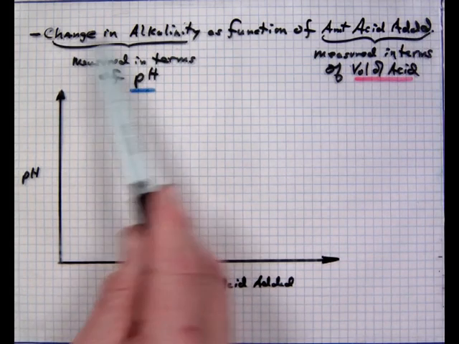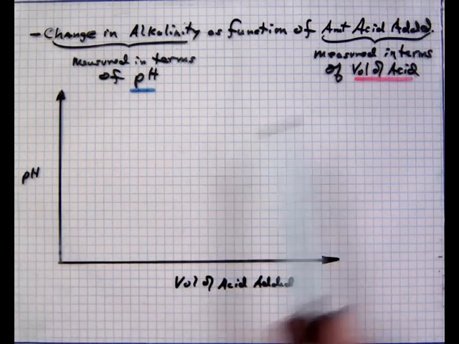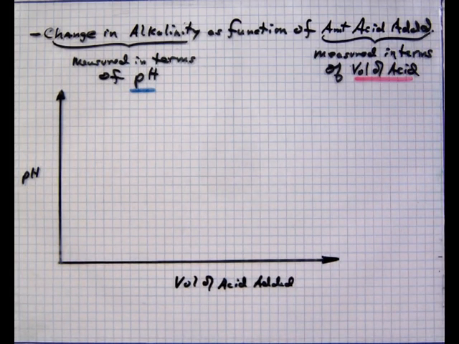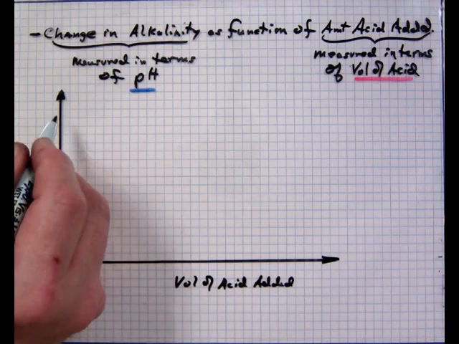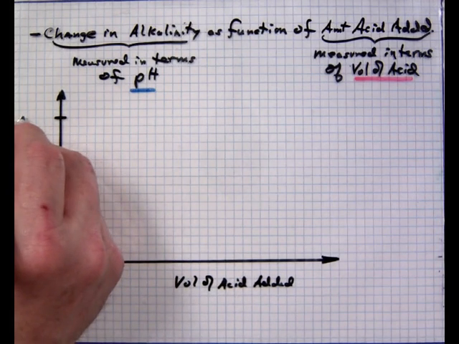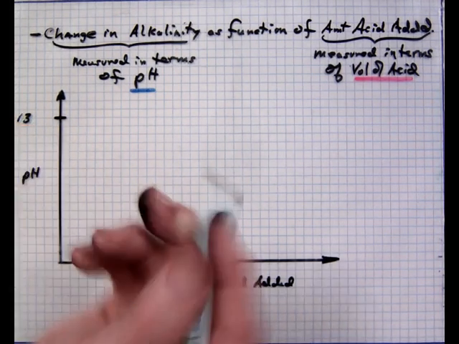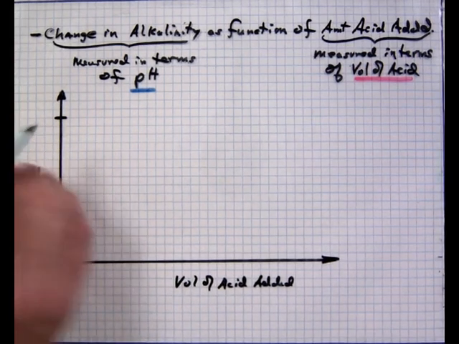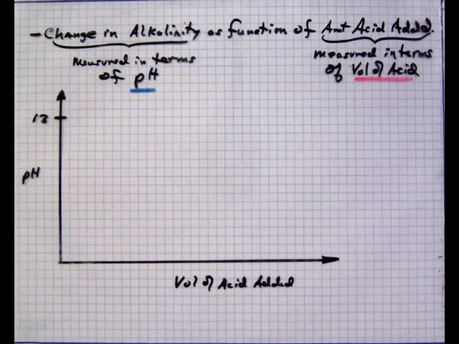The alkalinity changes in terms of pH, and the acid addition is volume of acid added. Since we're starting with a base solution, you'll find it would be up around between 13 and 14. Let's just say 13 right there, for this pH range runs up to 14.